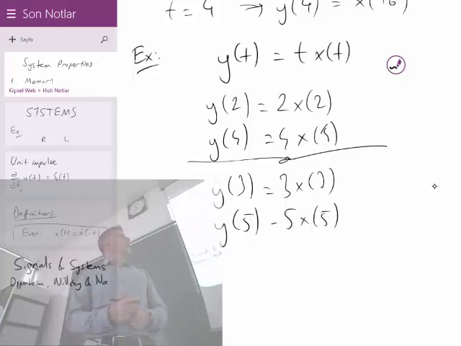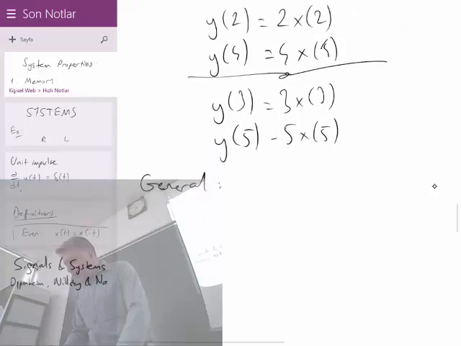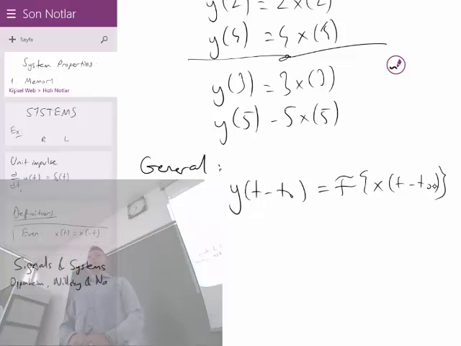So the output depends on time. It doesn't depend on the input only. By shifting the time, you are altering the output. In general, this is what you should get. y of t minus t0 must be a function of x of t minus t0 by an arbitrary change of t0 only.